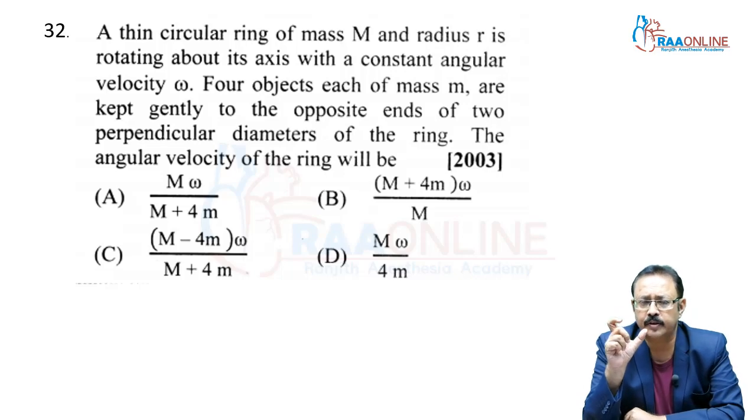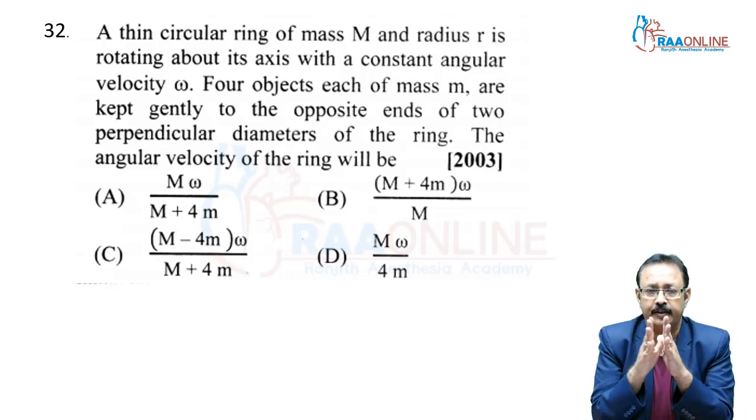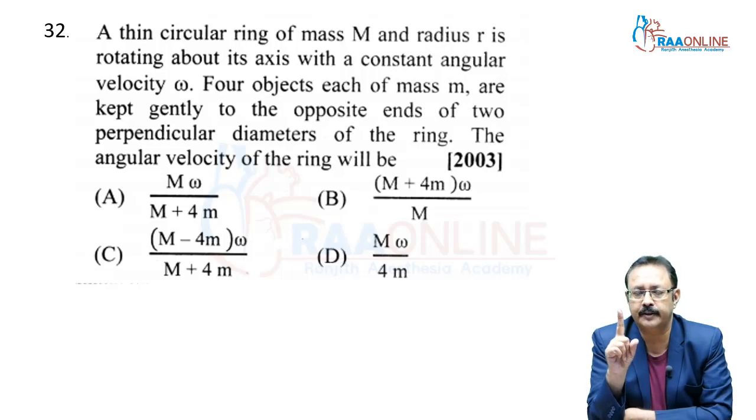The angular velocity of the ring will be, again same concept. Your disk was moving with constant angular velocity. Velocity is constant, you know from translatory motion, force should be 0, and the analog of force in this chapter is torque. Torque should be 0.